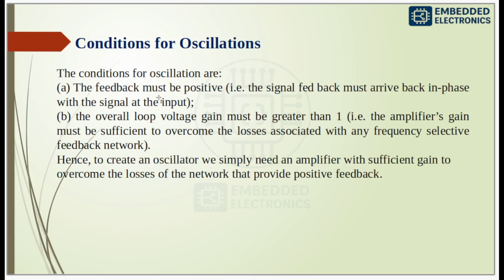This is one condition. The second one is that the overall loop voltage gain must be greater than 1. To create an oscillator we simply need an amplifier with sufficient gain to overcome the losses of the network that provides positive feedback.